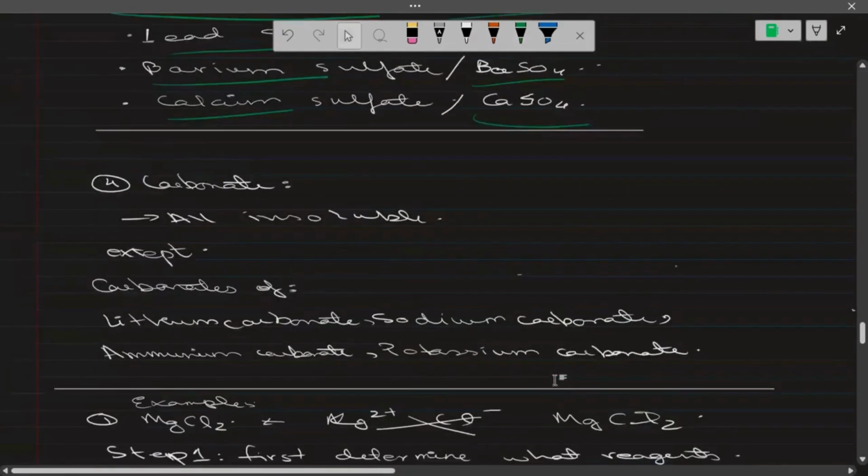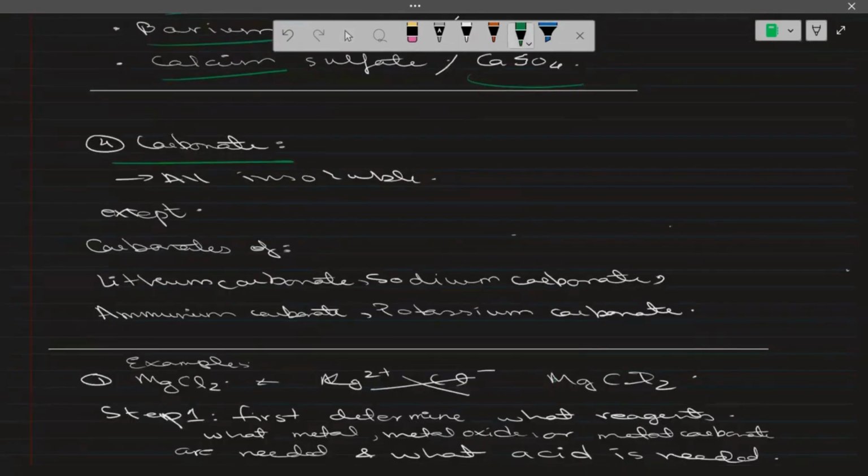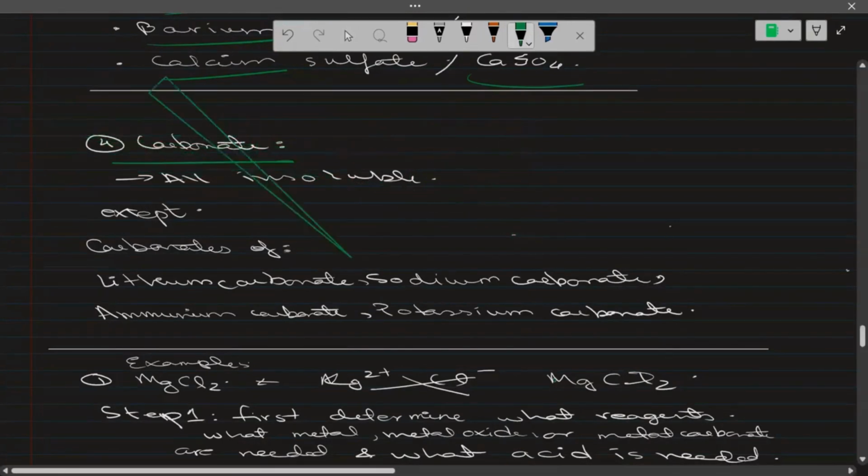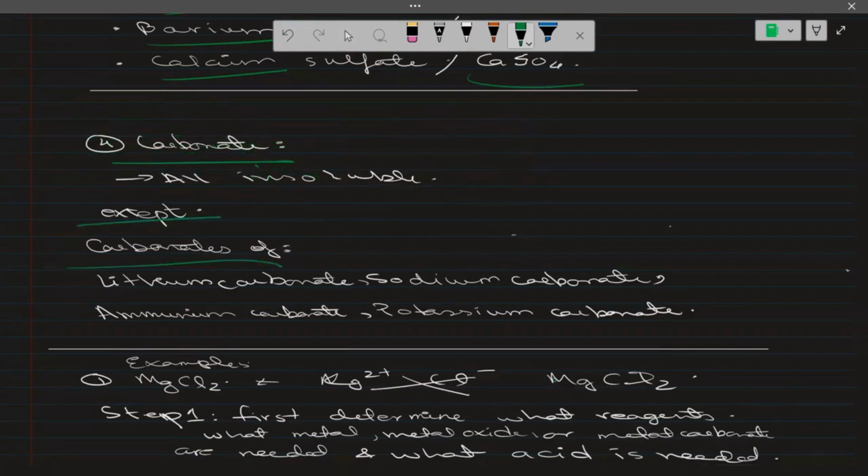Now let's go to the fourth rule, which is of carbonates. In this, all are insoluble, except lithium carbonate, sodium carbonate, ammonium carbonate, and potassium carbonate.